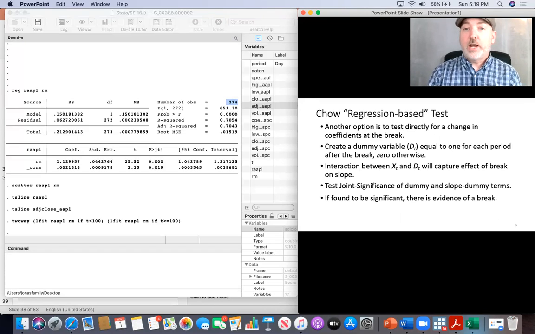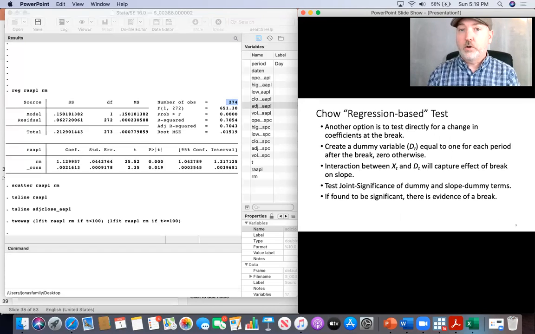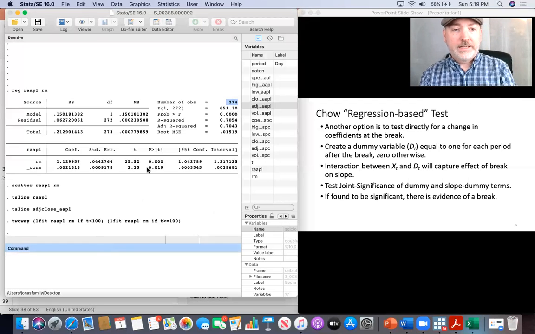And if we can reject the null that those coefficients are 0, well, that tells us the same thing that we just found, right? That yes, there is a significant structural break. The intercept, some combination of the intercept and at least one of those slope dummy terms do change at that breakpoint. Okay, so let's take a look at our example once again.